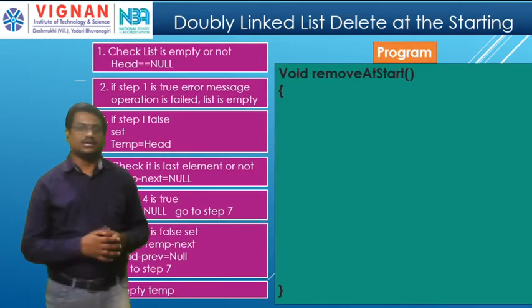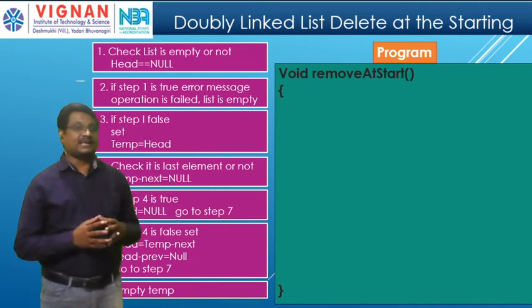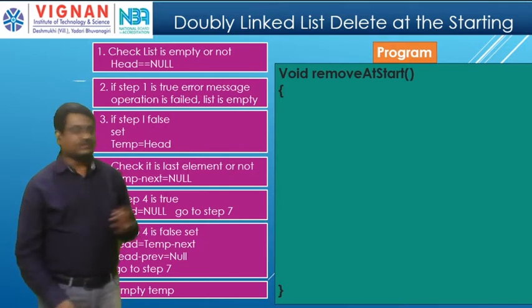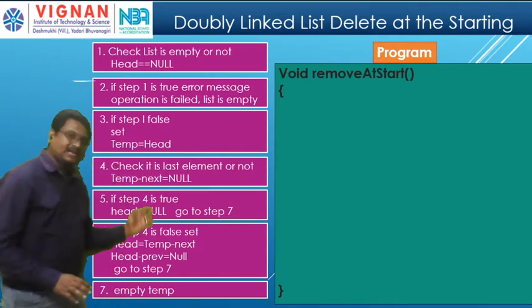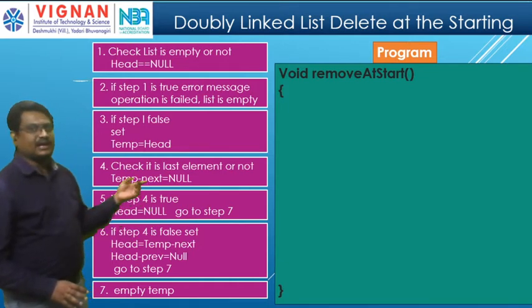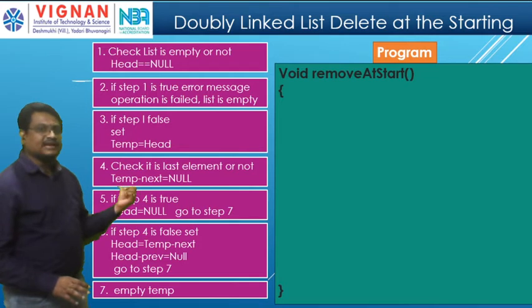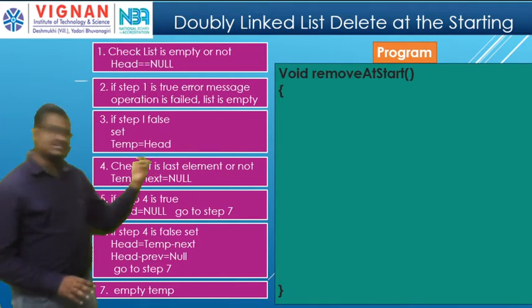Now, in the previous slide I created a function. Now I'm giving the definition for the function. If you consider this complete algorithm, here I use a temporary variable. This temporary variable also stores an address, so it must be represented with the node structure.